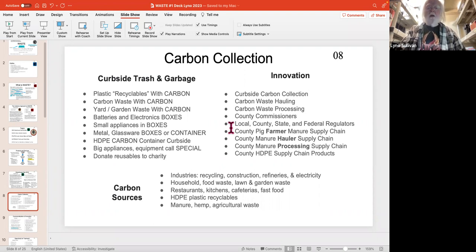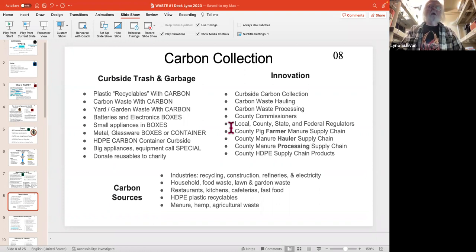So let me go on to the carbon collection system. One of the mistakes we make in urban environments, particularly, is we tell our citizens, as a social value, you have to separate your trash out.